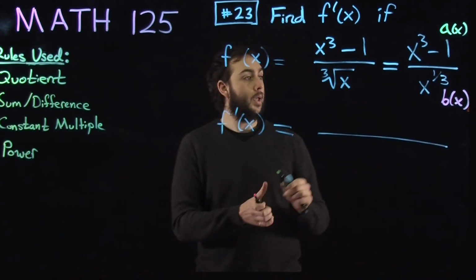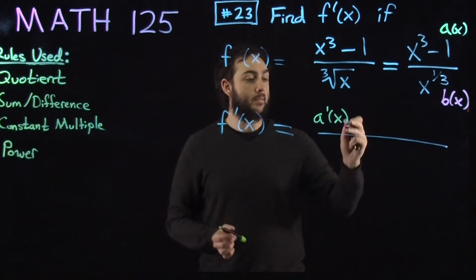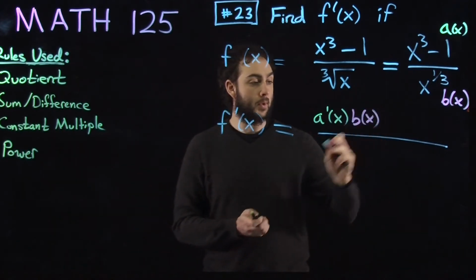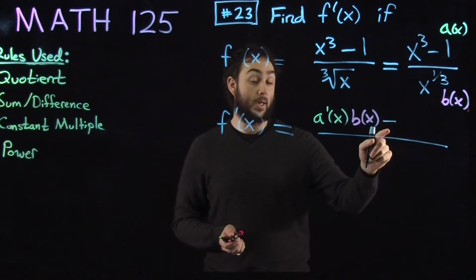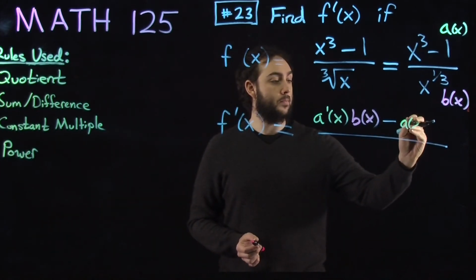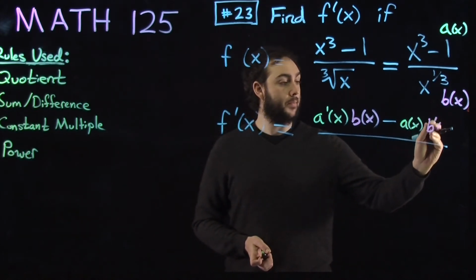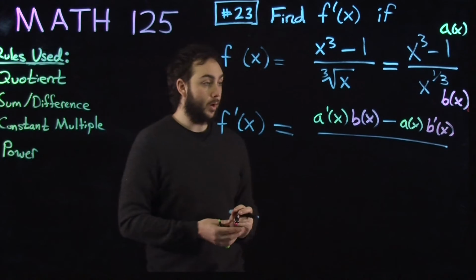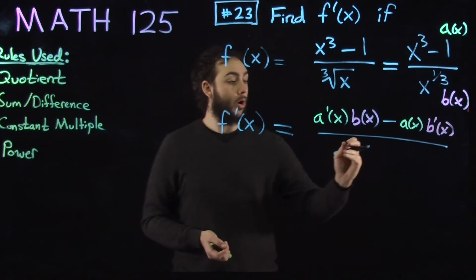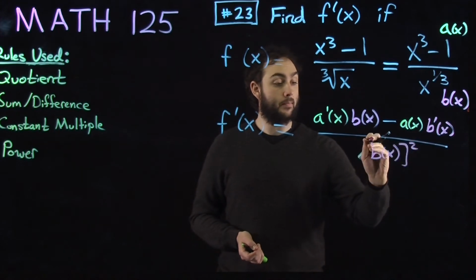It looks like a prime of x times b of x unchanged minus, this minus sign is important, a of x unchanged times the derivative of b. That's our numerator. And in the denominator, all we do is take b of x and square it.